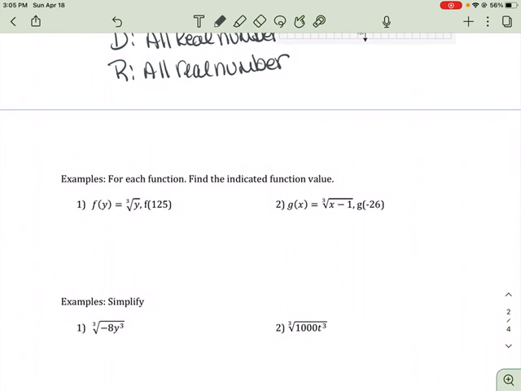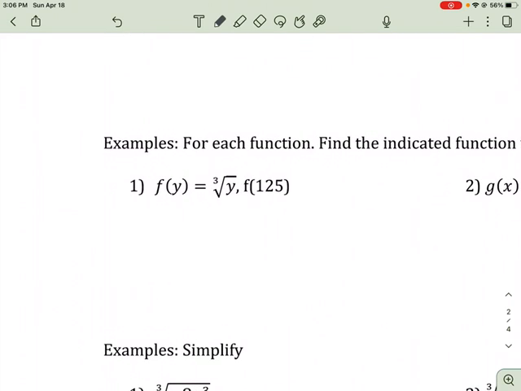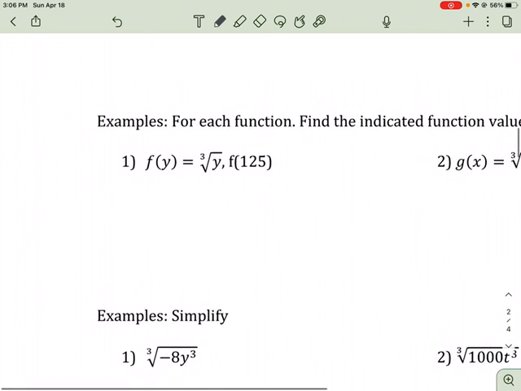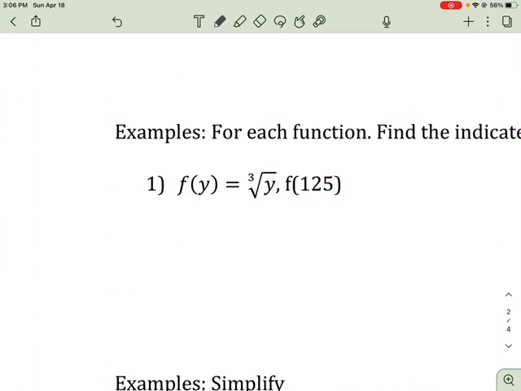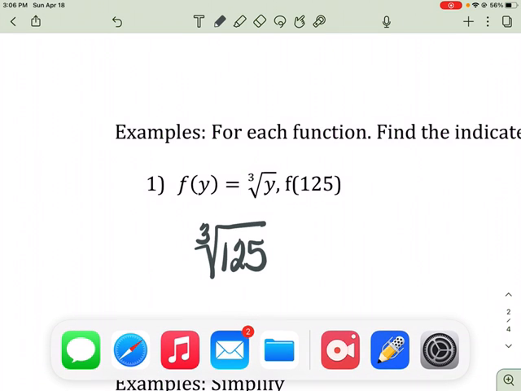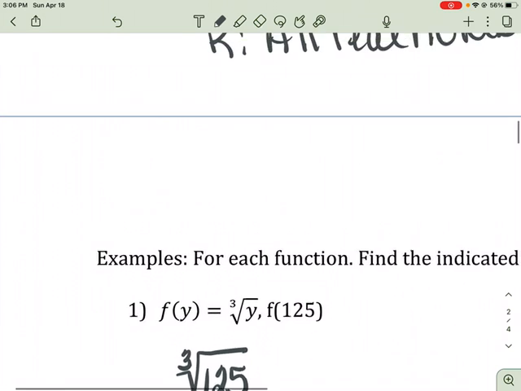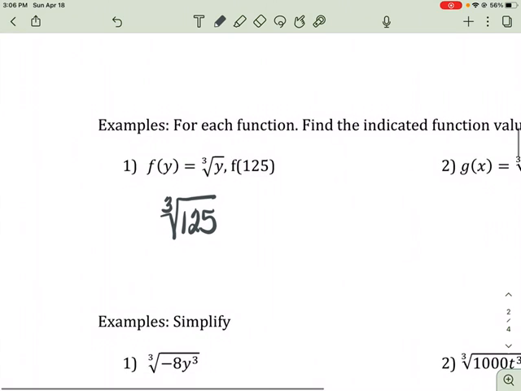Okay, so let's do some evaluating. We have the cube root of y. We're going to indicate the function value, so we're going to put in 125. So we want to know, what is the cube root of 125? Now, if you're struggling with your cubes, sorry, my calculator is not available.